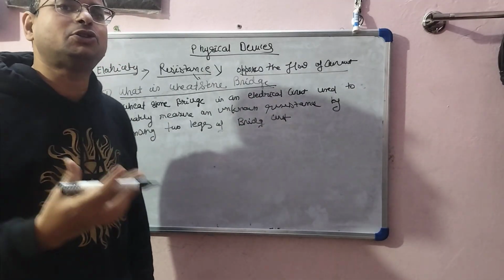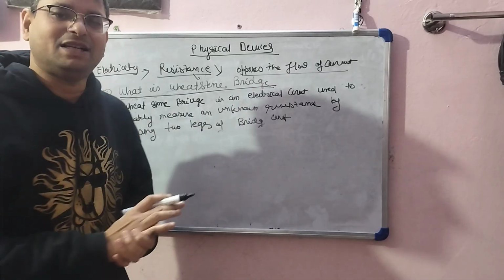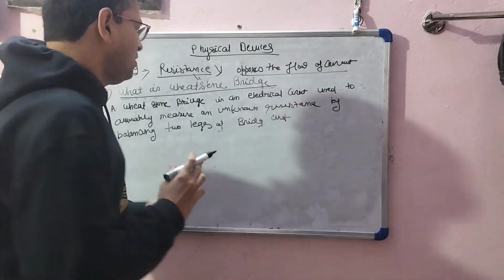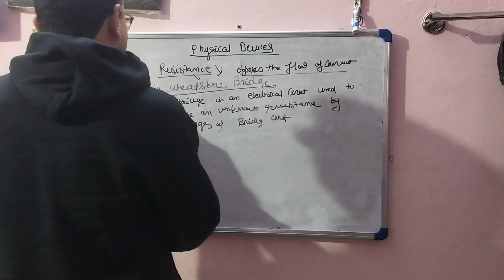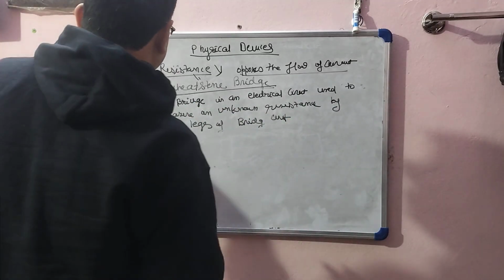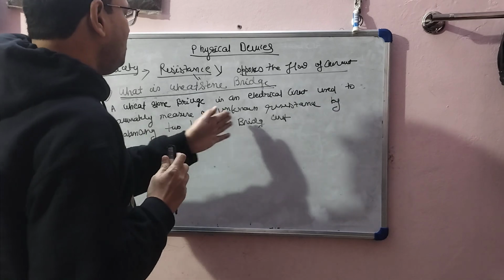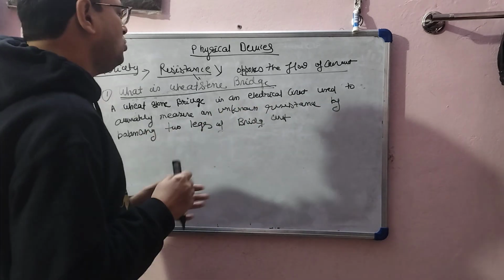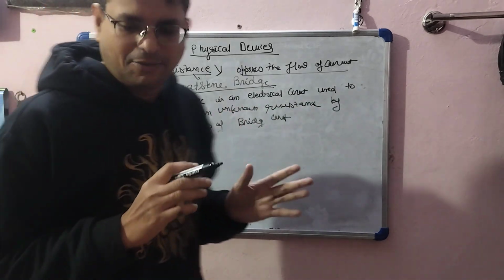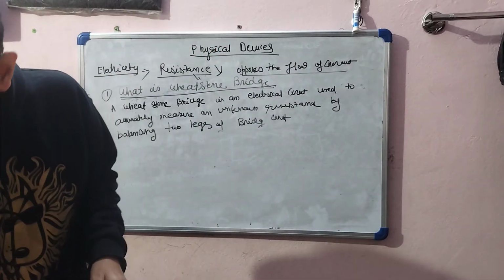It is inductance. A Wheatstone bridge in an electrical circuit is used to accurately measure an unknown resistance by balancing two legs of this circuit.